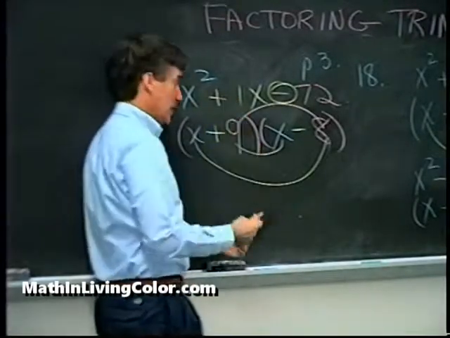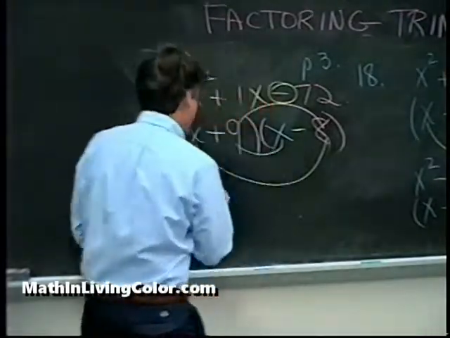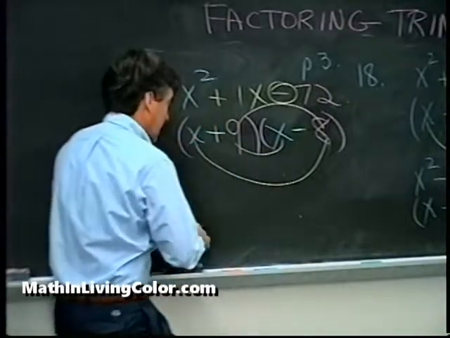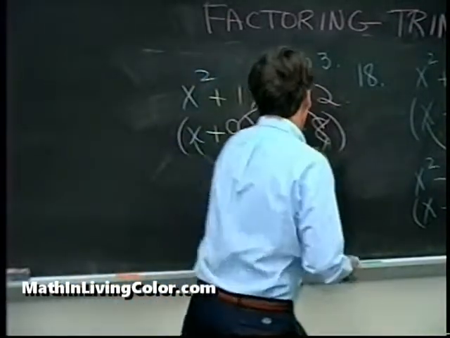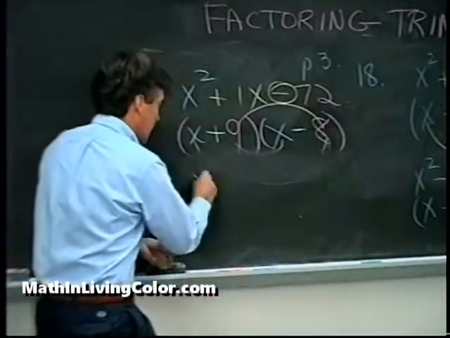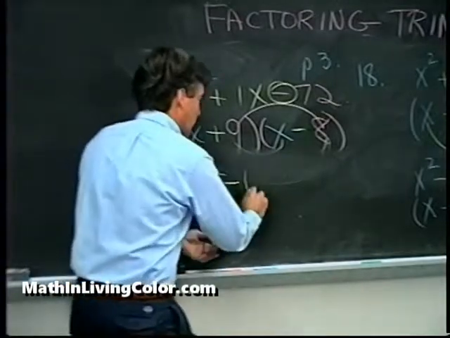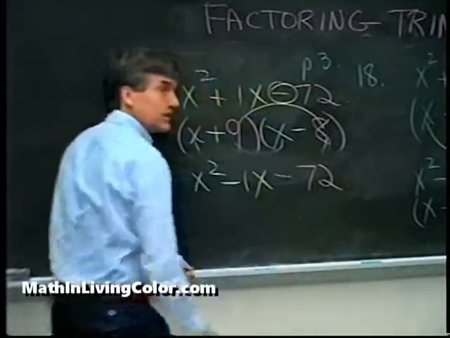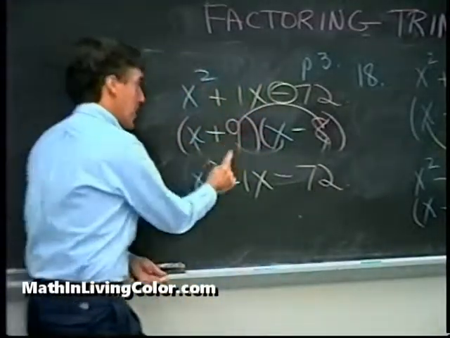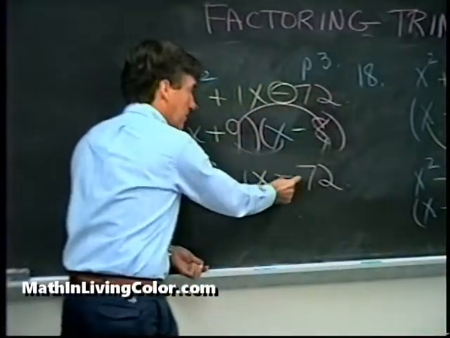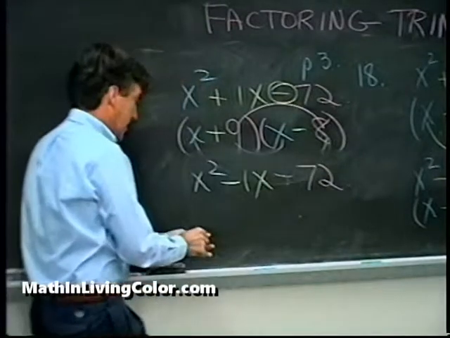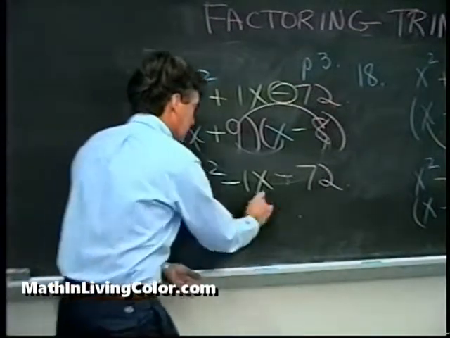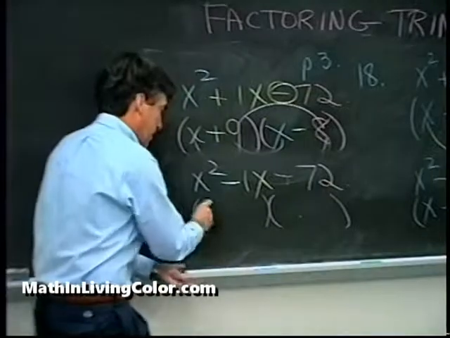That helps. Now, suppose I change the problem and make it x squared minus 1x and then minus 72. Okay? Where it's a minus here and a minus. All right, now what does that tell me? I've got to have two sets of parentheses. I start off with xx.